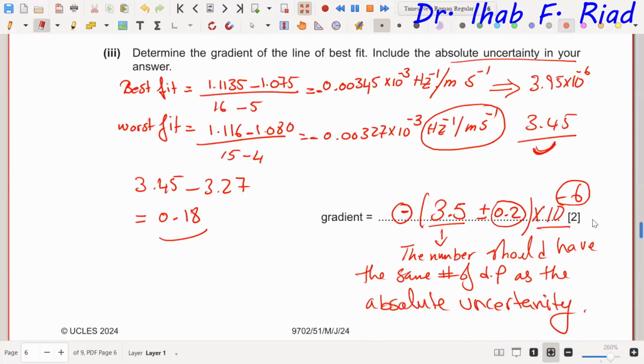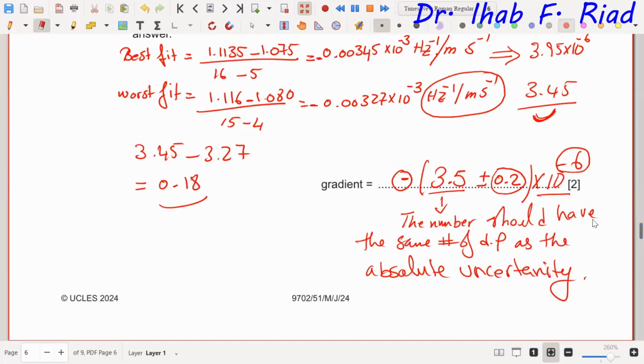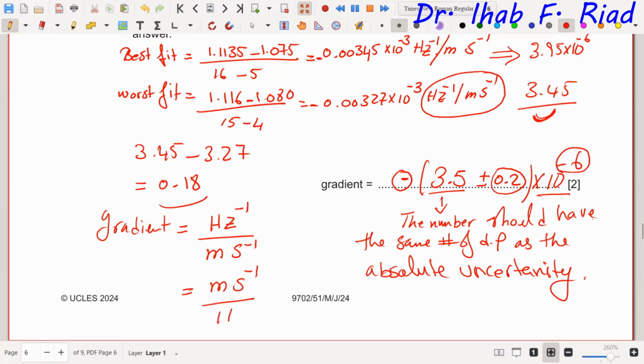The units of gradient got hertz minus 1 divided by meter second minus 1, right? Yes. We inverse the whole thing. So what is going to happen? Right? Yes. Okay, good.